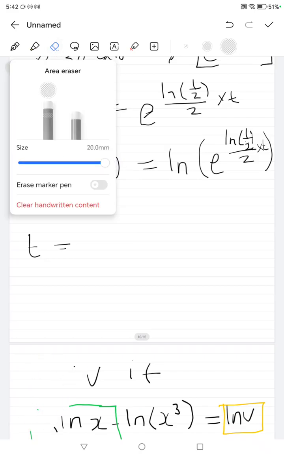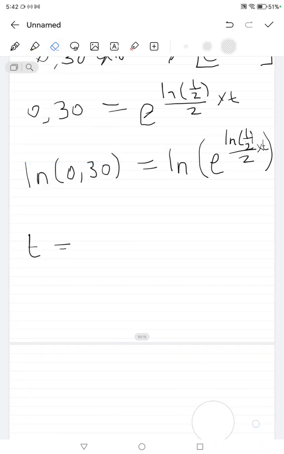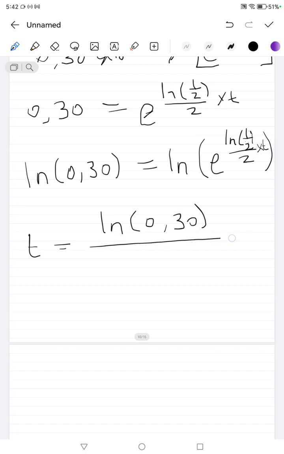Your t, since you're going to bring it down, means you can have ln of 0.3 on this side, then you divide it by ln of 1 over 2 divided by 2.